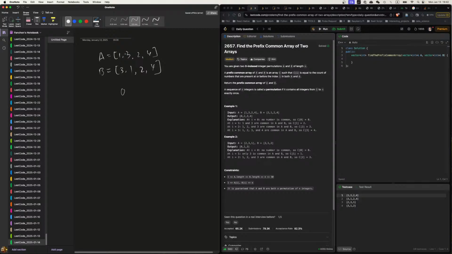Yeah, we can do an intersection, a set on here, a set on here, and then we just do the intersection. Probably not the most efficient way to do this. But look at the n. N is only 50.